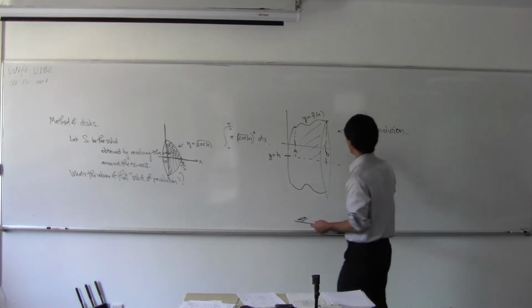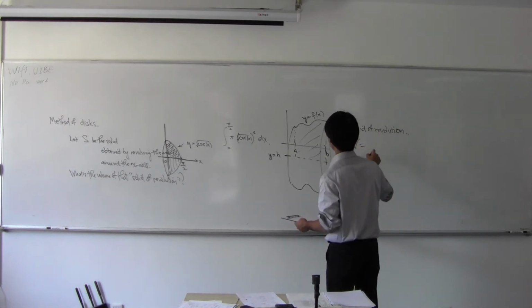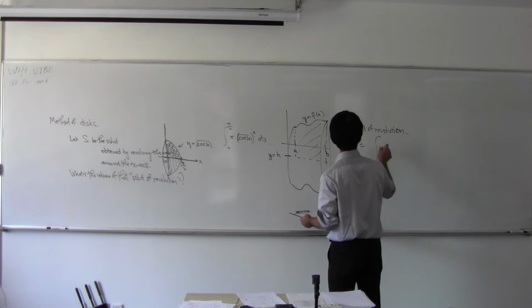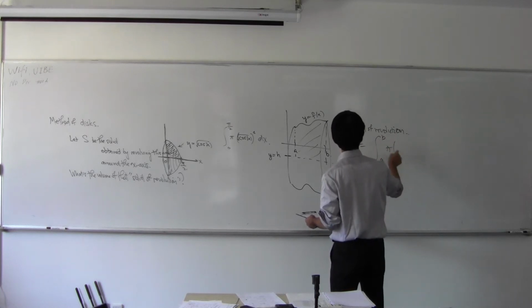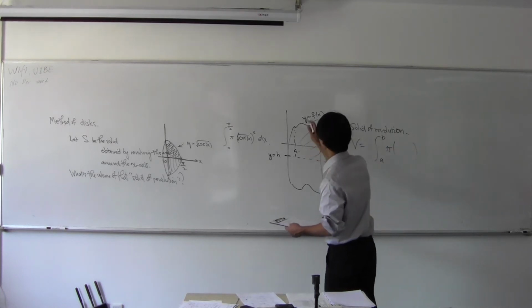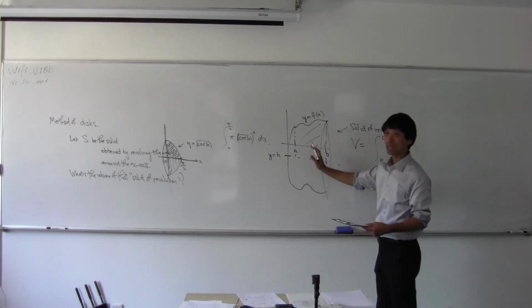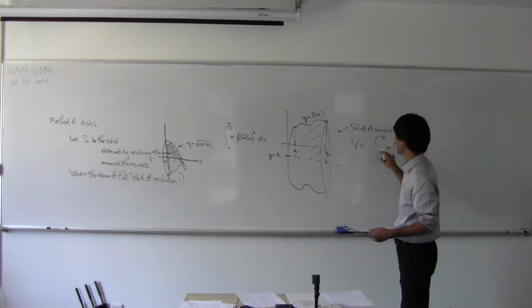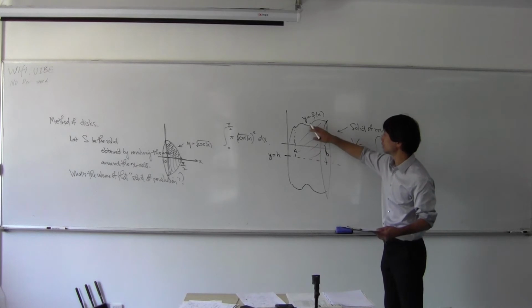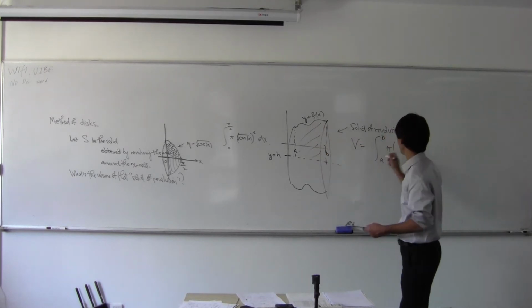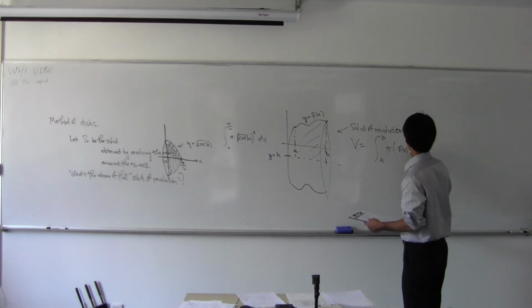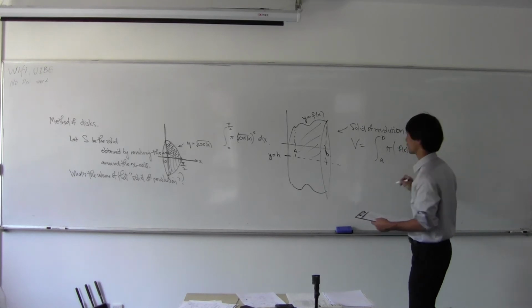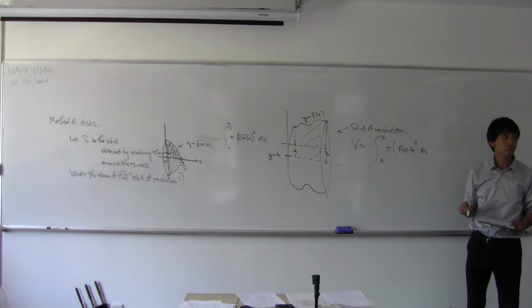And then the volume is just going to be the integral from A to B of pi times the area of the slice. So the area is just going to be, I'm sorry, pi r squared, but what's the r? The r is just going to be f of x minus h. The integral of pi times f of x minus h quantity squared dx.